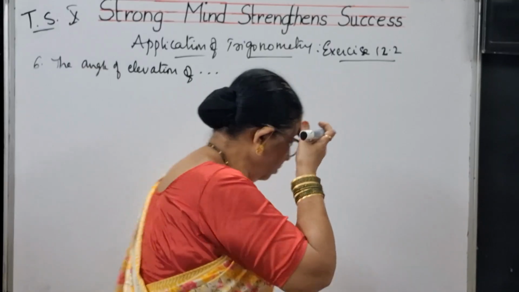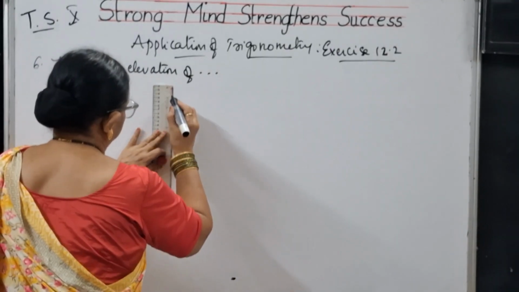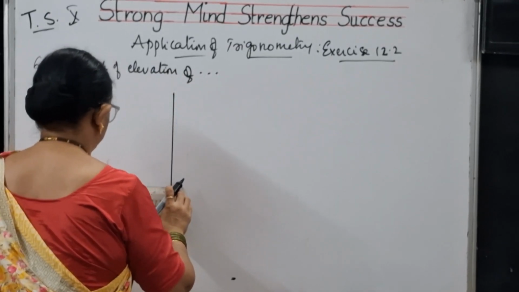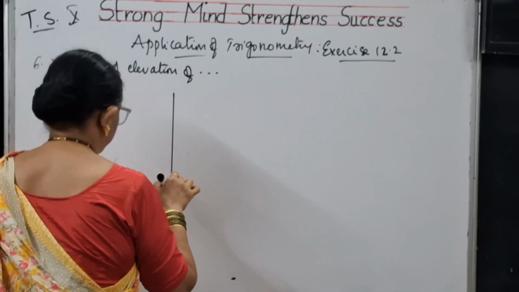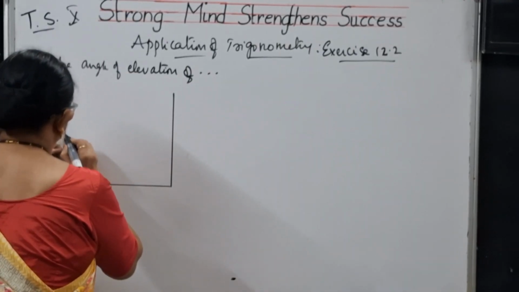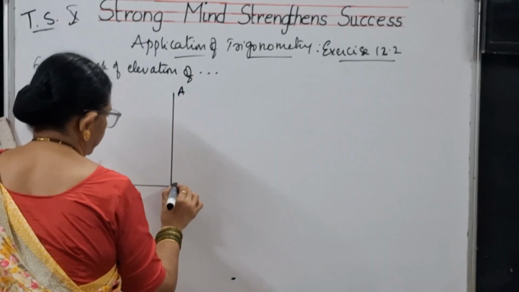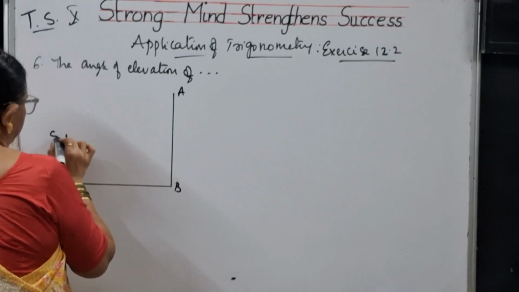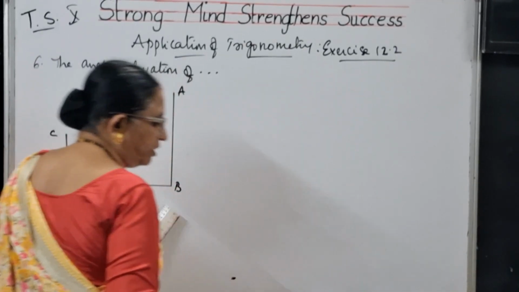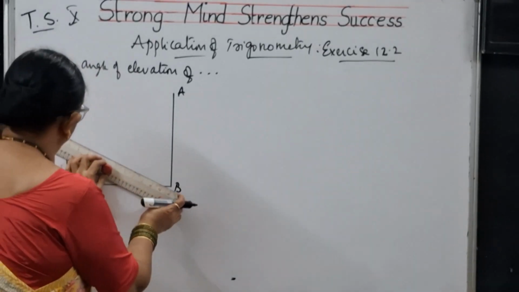So here you have got a building and the tower. This is the tower and let me consider this as the building. AB is the tower, CD is the building. Now, the angle of elevation of the top of the building from the foot of the tower is 30 degrees.